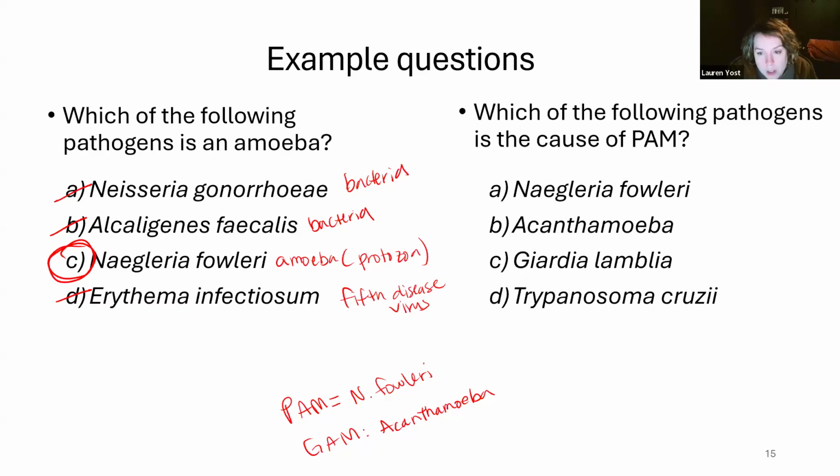All right, which of the following pathogens is the cause of PAM, primary amoebic meningoencephalitis? Acanthamoeba is GAM. Giardia lamblia is a type of chronic diarrhea. We'll learn about it in chapter 23. And Trypanosoma cruzi, or T. cruzi, this is going to be the cause of Chagas disease.